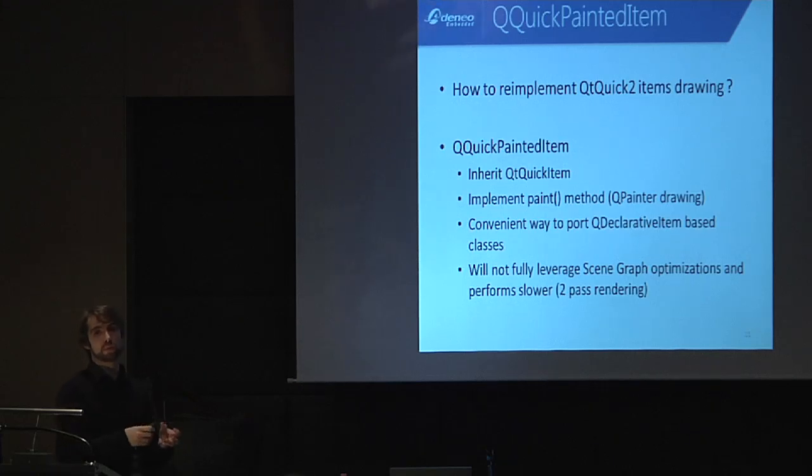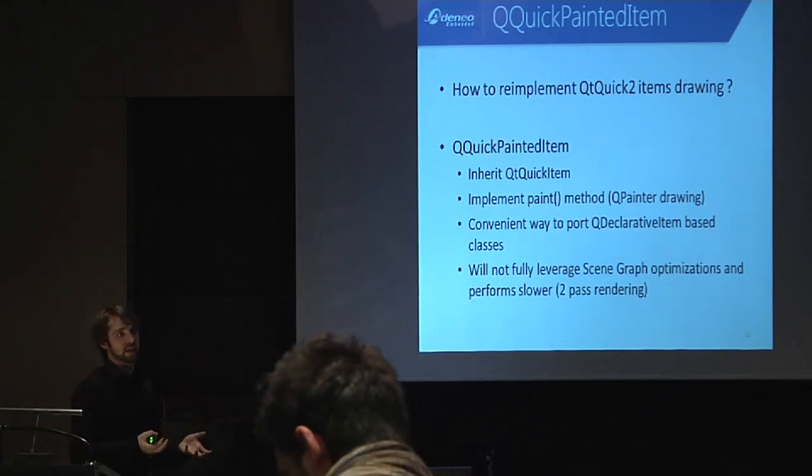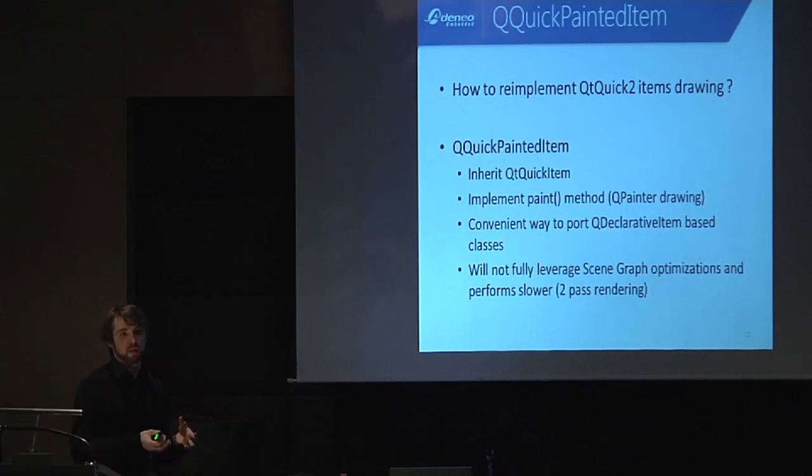So this is a soft way to port your code, to be able to draw things without having to use OpenGL Qt classes. It's very convenient to use, but of course it will not fully leverage all the things that have been added to Qt, because it's just a convenience class to make things easier for you.